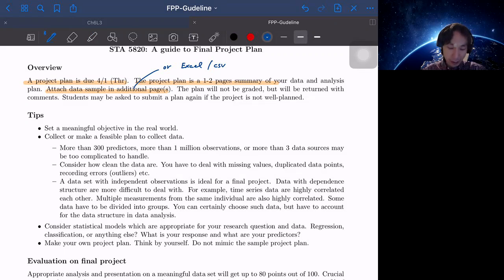The typical case where I ask students to resubmit the plan is when the data set is not good to analyze. Basically, the data set has already been summarized, and then you cannot investigate the data. For example, we have 10,000 patients' data for maybe 10 variables, some demographic variables or medical measurements.